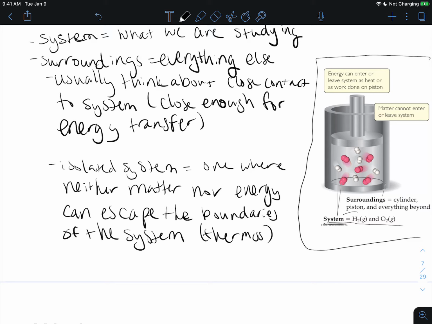So work, we can expand our gas or contract our gas, which is what's in here. And that expansion or contraction of the gas will affect where that piston is. So either work will be done on the piston by the expansion of gas, or work will be done by the piston if the gas is condensed. And then of course heat energy can be transferred from the reaction itself to the piston or the cylinder itself.